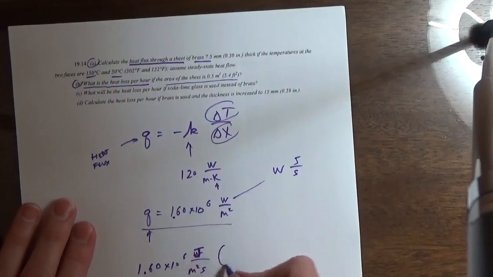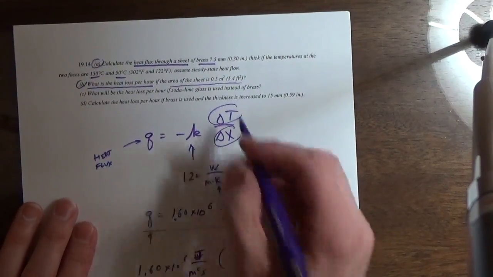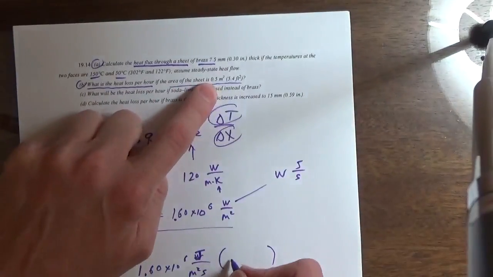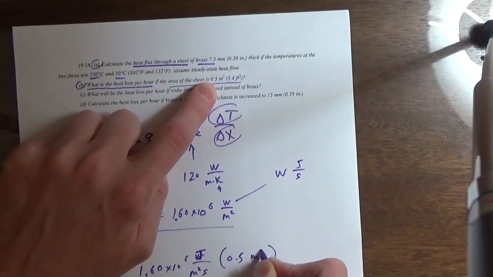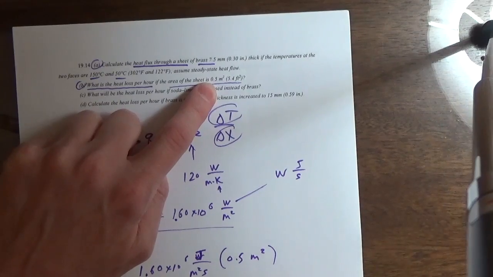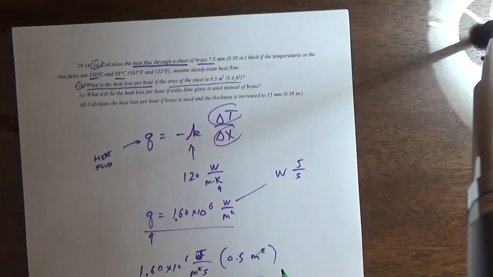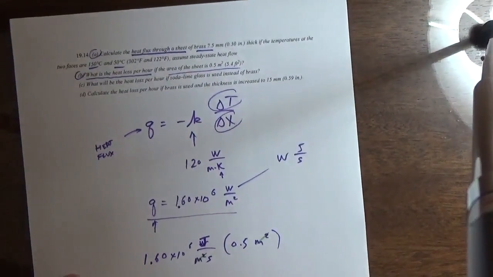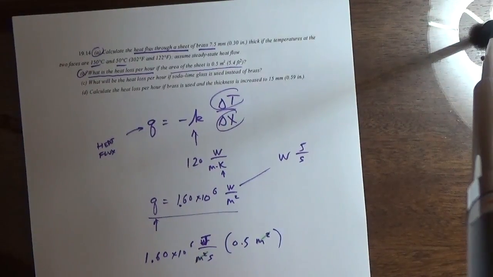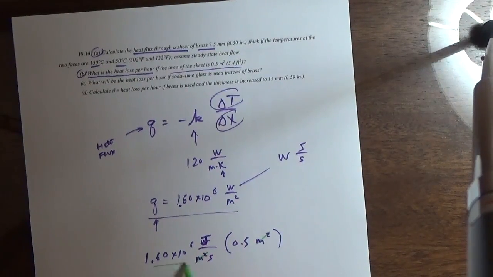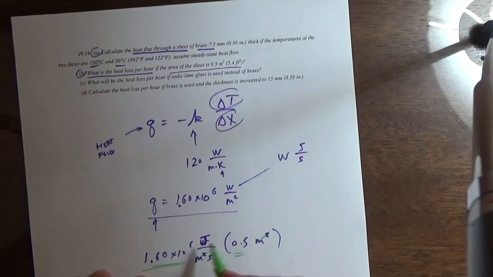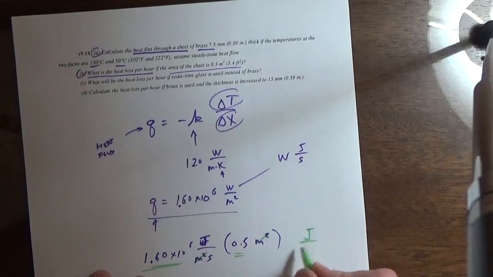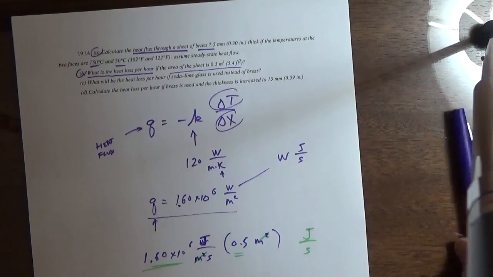Well, if you multiply that by 0.5 meters squared, meter squared goes away, and that's going to give you a solution which is joule per second.